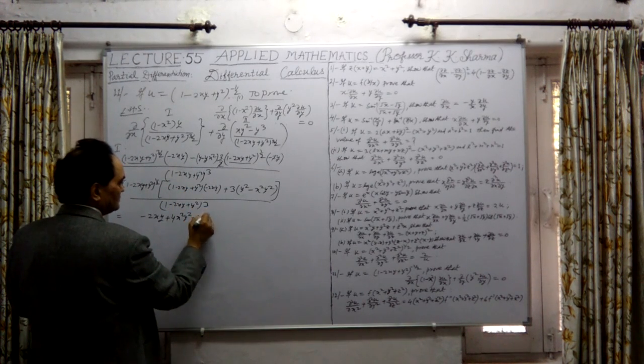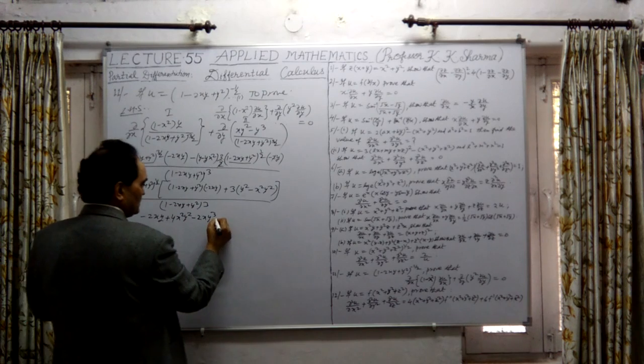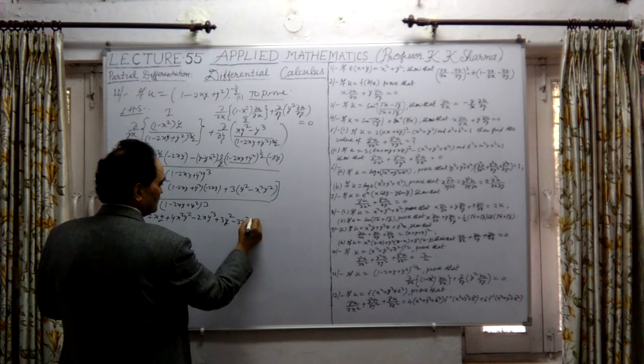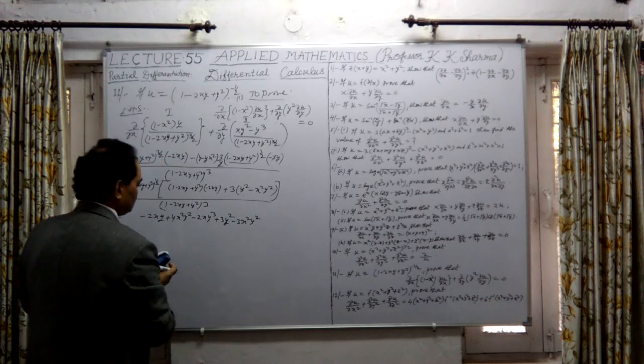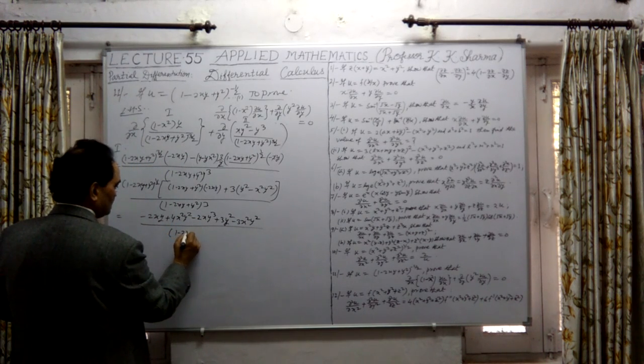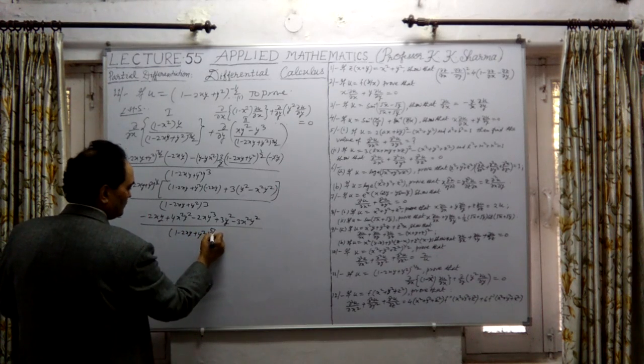Minus twice y cube, so this is x into y cube. Now this is plus 3y square, and this is minus 3 x square y square, divided by 1 minus twice xy plus y square whole power 5 by 2 now.